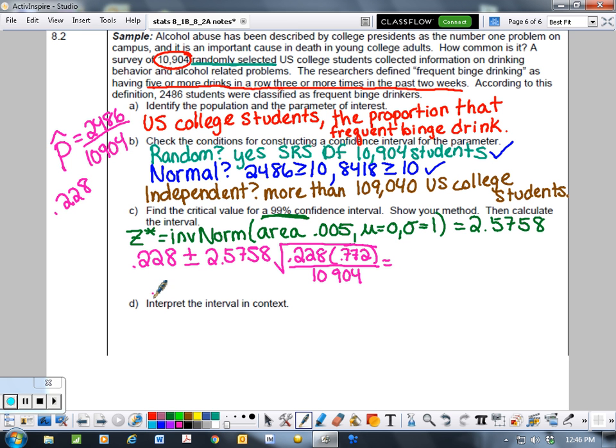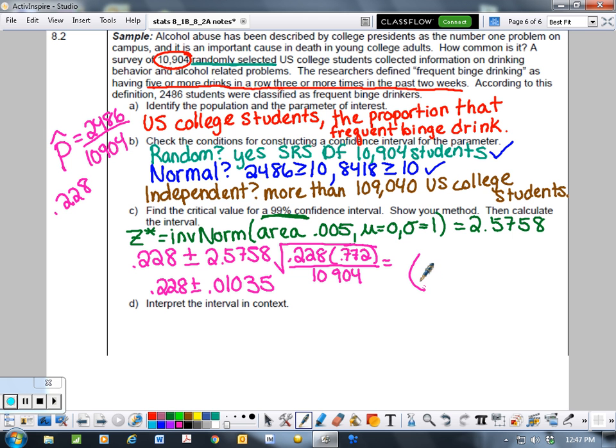So now I have 0.228 plus or minus 0.01035. And so now I'm going to go ahead and create that interval. So the lowest value is when I subtract, so 0.228 minus 0.01035. Uh-oh, I made a mistake somewhere. Oh, 0.01035, there we go.